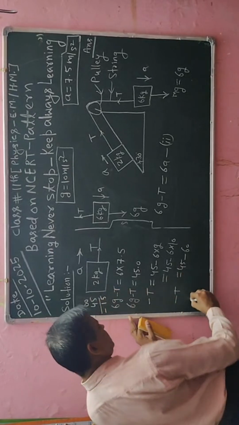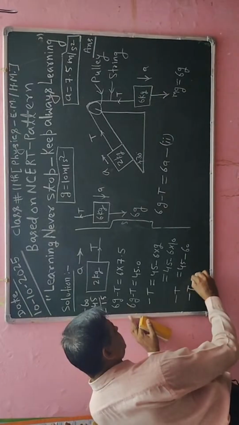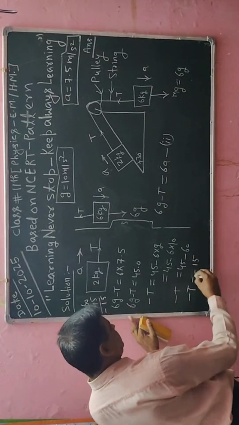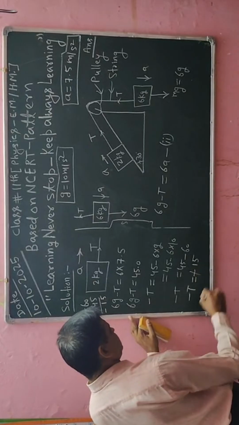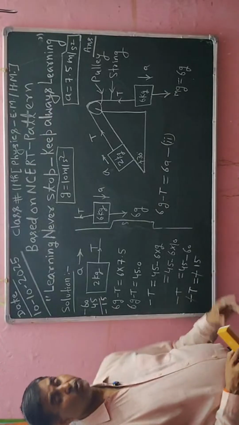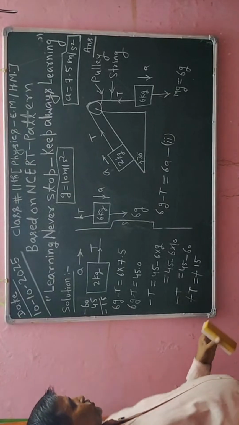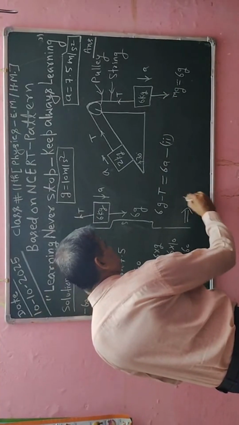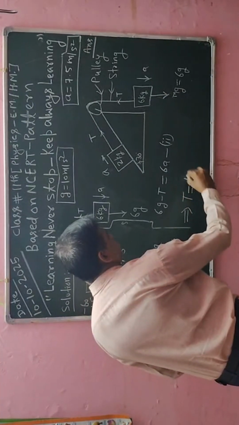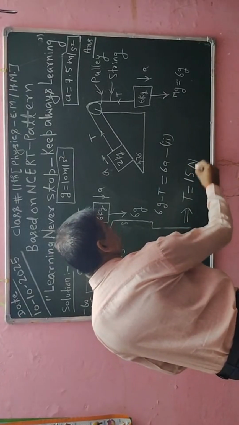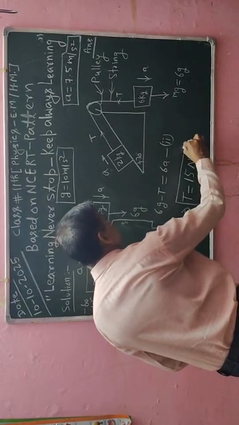So here I will say minus t which is equal to minus 15. Okay, so minus and minus sign will cancel out. So after cancelling I will get the value of t which is equal to 15 Newton. This is the force which is existing in the string.